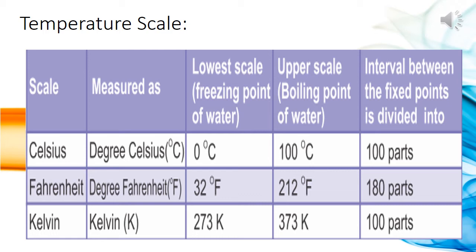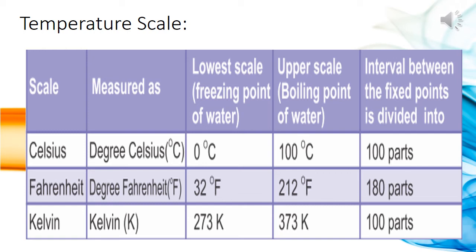The freezing point of water is depicted as 32 degree Fahrenheit, and the boiling point of water as 212 degree Fahrenheit on it. The difference between the 2 extreme points is divided into 180 parts. So the Fahrenheit thermometer has 180 equal parts, you can see.